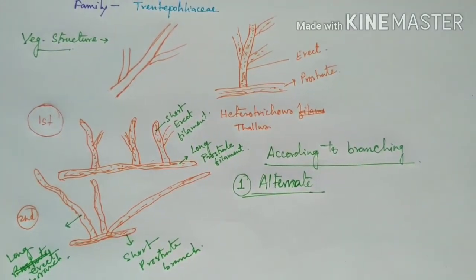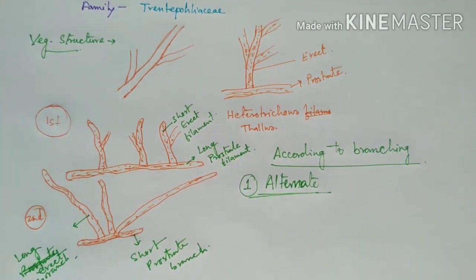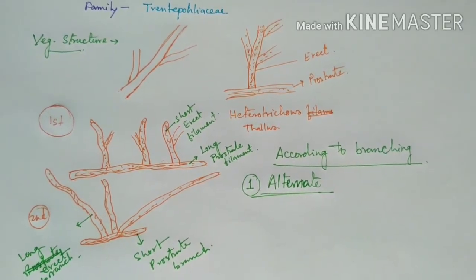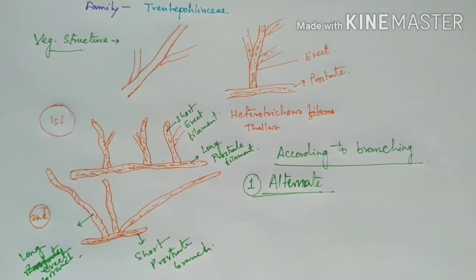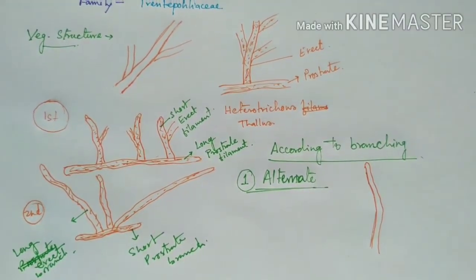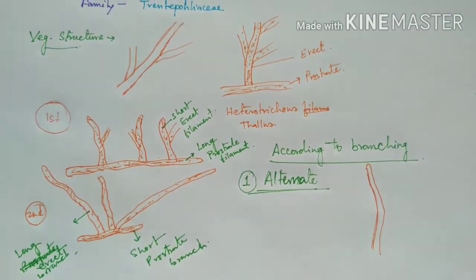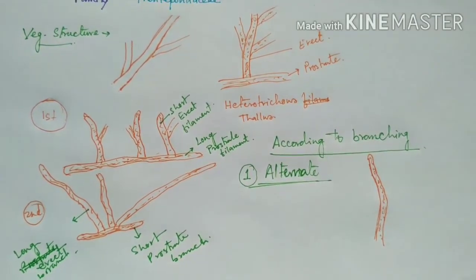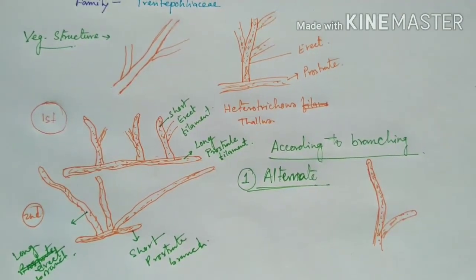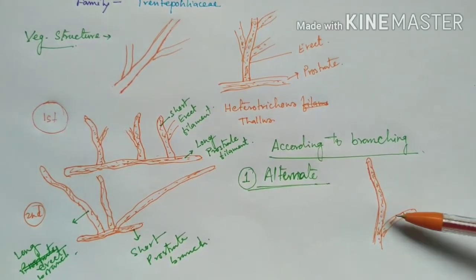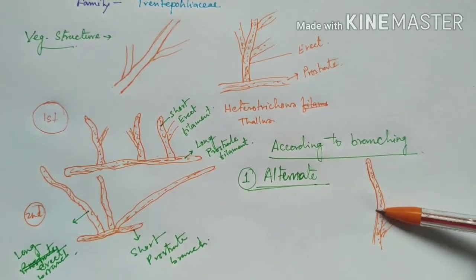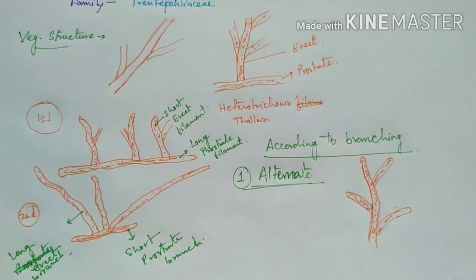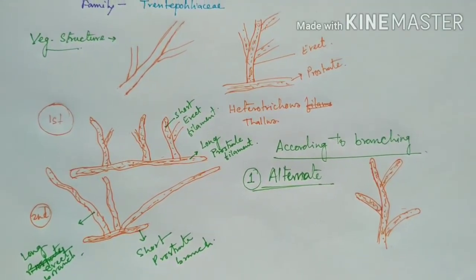In the case of alternate, branches are alternately arranged, right? So here this is the erect filament and branches are alternately produced. If the first branch is produced from here, then another branch is produced from this portion, so alternate position. So this is alternate branching.